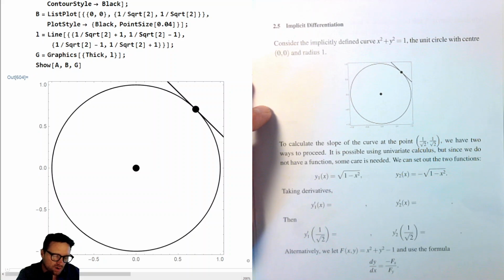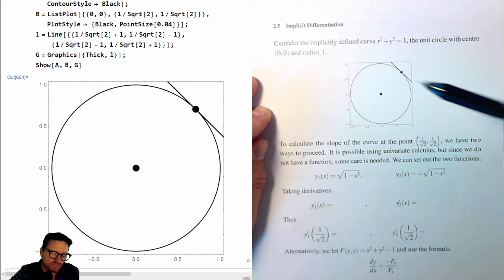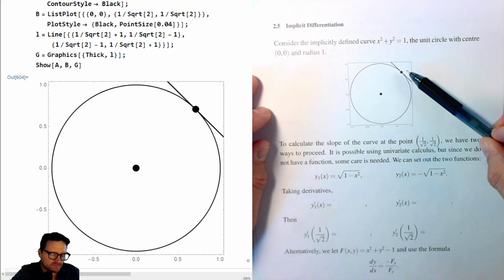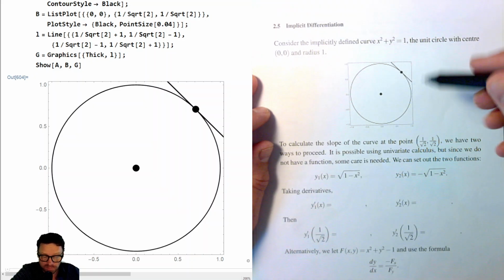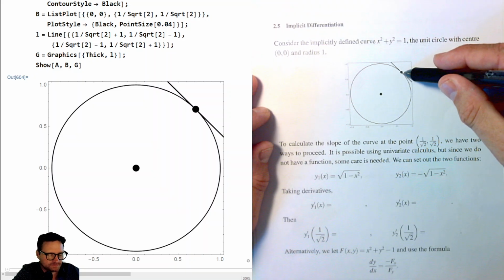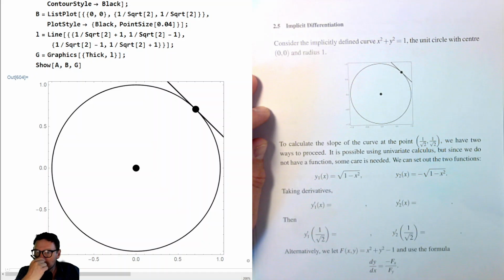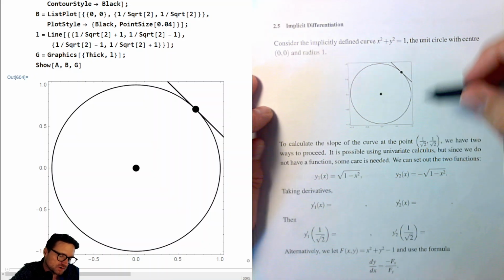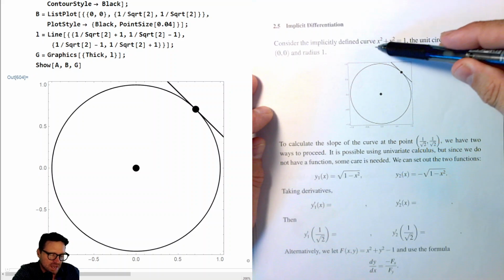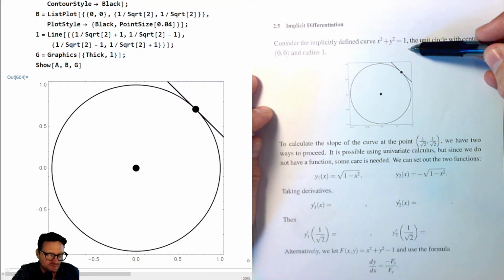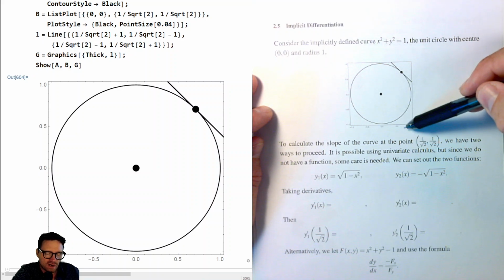Okay, and so what I want to do here is calculate the slope of the derivative, the slope of this curve at x equal to 1 on root 2. Now, notice first that this is an implicitly defined curve because we do not have a function here.